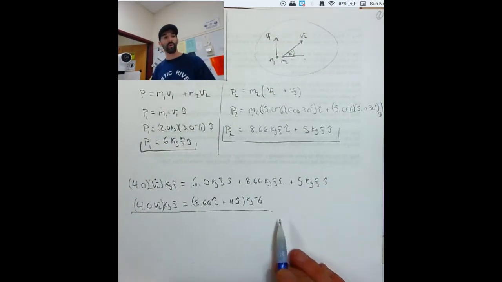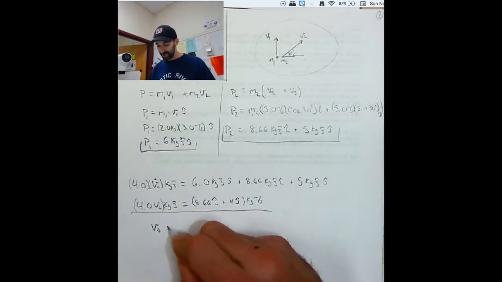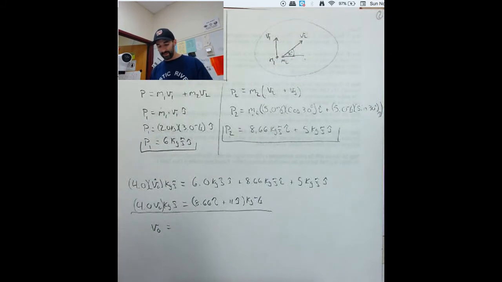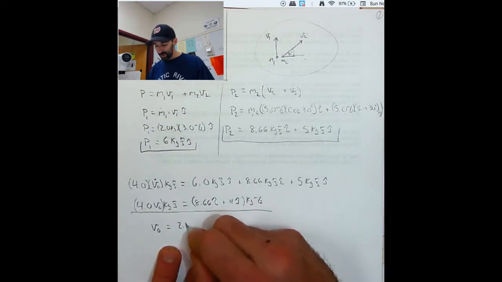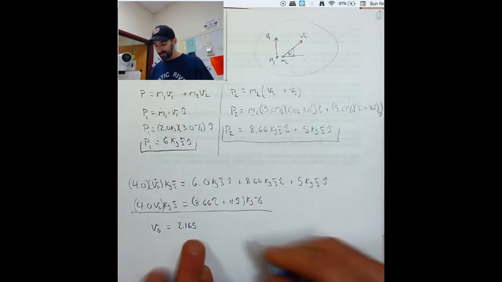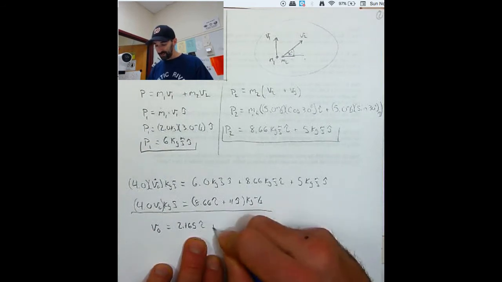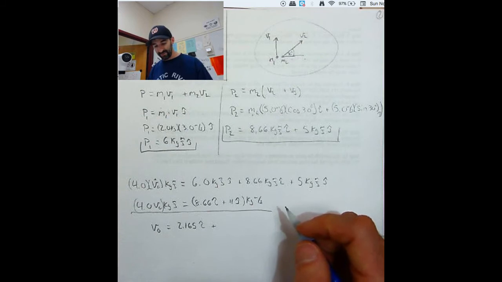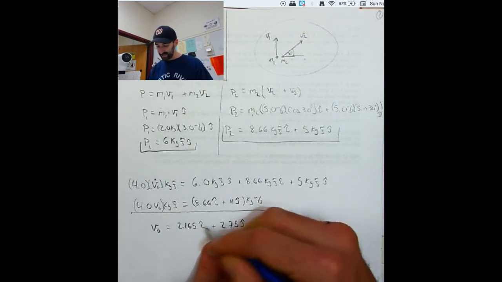We can divide the 4 straight through. So I have a V0 equal to 8.66 divided by 4 is 2.165, that is in the i hat direction, plus 11 over 4 is 2.75 in the j hat direction.